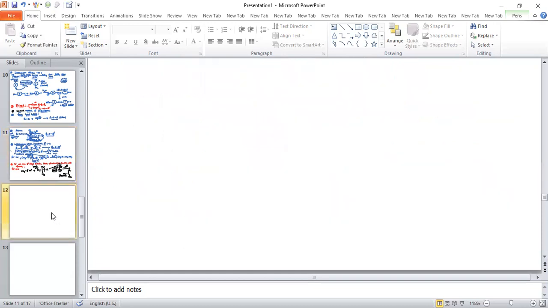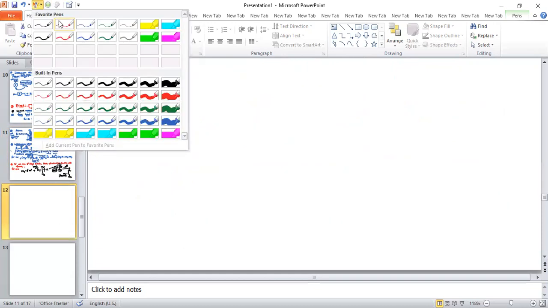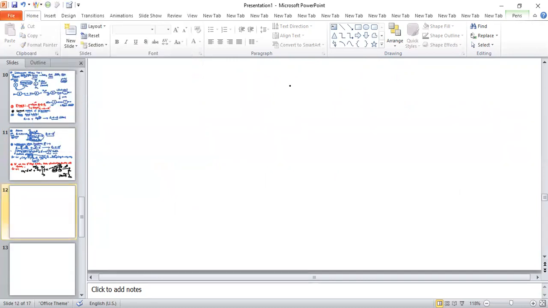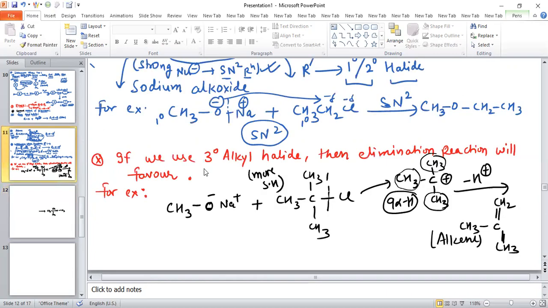But if you want to prepare this compound, CH3 C, CH3 and OCH3, what will be the reactants? You cannot use a 3 degree alkyl halide. We have already seen that we cannot use a 3 degree alkyl halide.